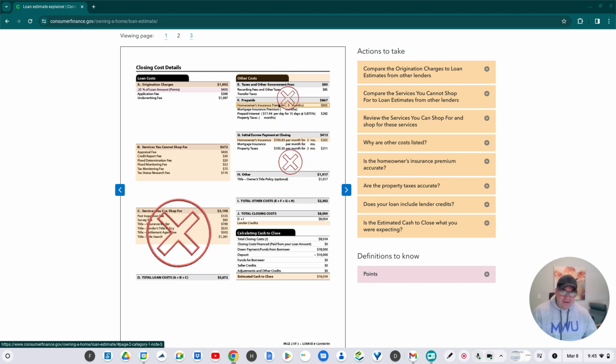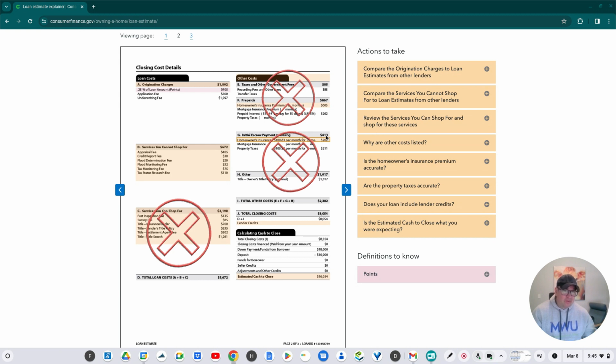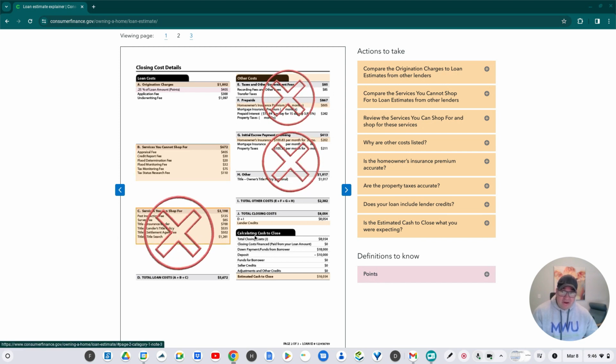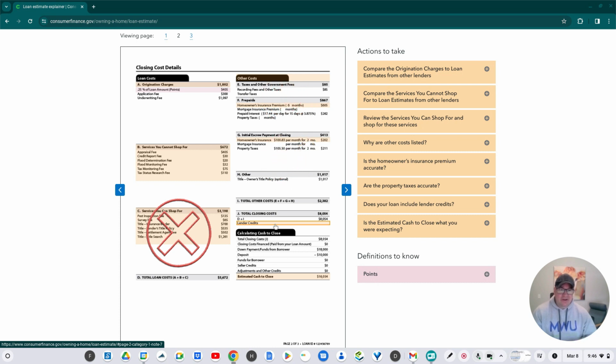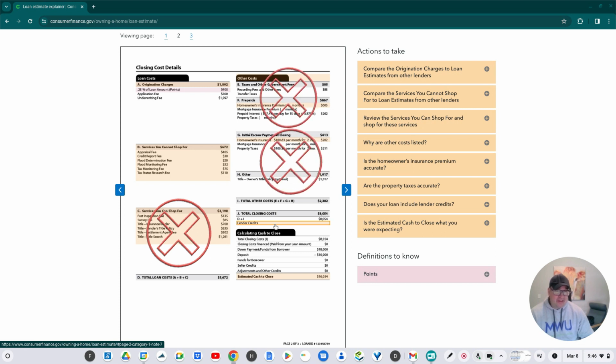Even if one lender underestimates the cost of homeowners insurance, which is why I'm saying just concentrate on Section A, and if there is a processing fee in Section B, and also if there are lender credits, concentrate on those three things, because if you look at the other parts of the loan estimate, when the transaction finally is done, they're the same from one lender to the next.